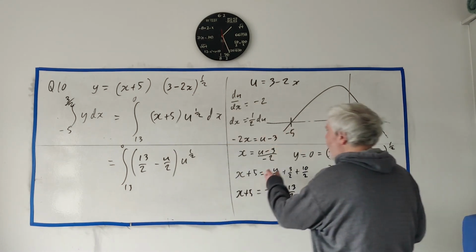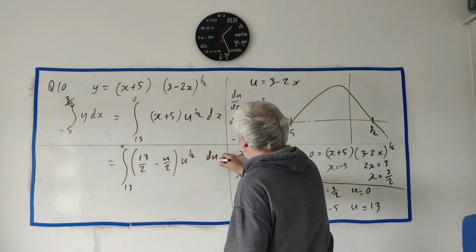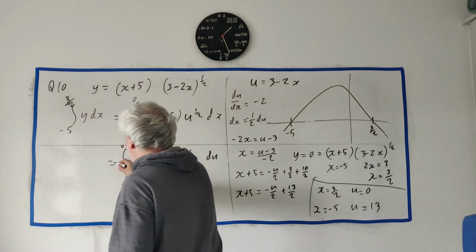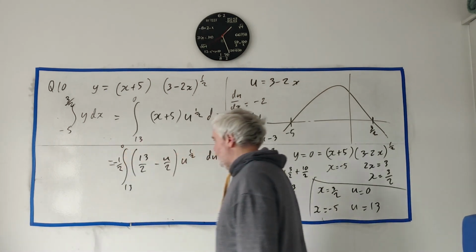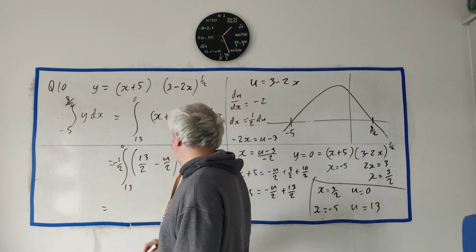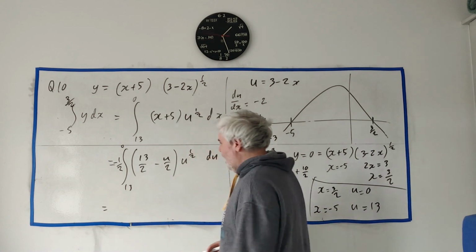Instead of dx, I'm going to replace it with du and a minus a half, which can come all the way up front. Minus a half. And then we'll do a couple of things. Yeah, let me do it all here.